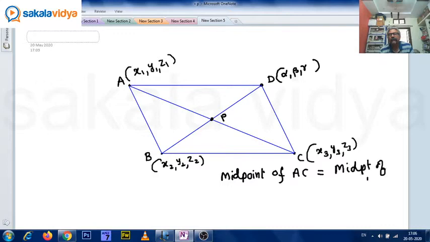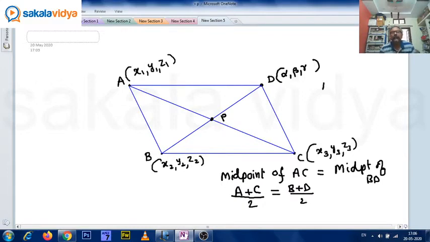The midpoint of AC means (A plus C) by 2 equals the midpoint of BD, (B plus D) by 2. So the 2 gets cancelled. We have A plus C is equal to B plus D.